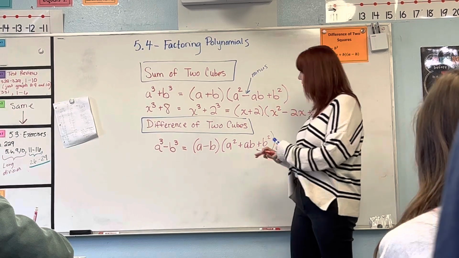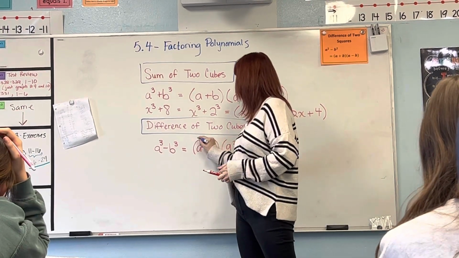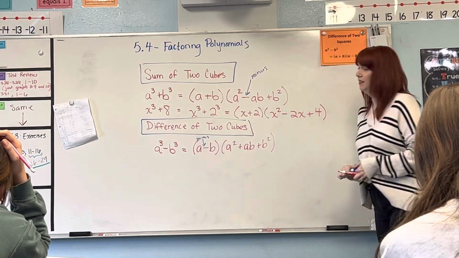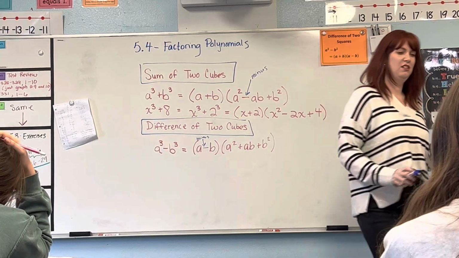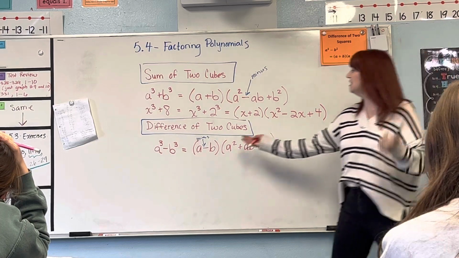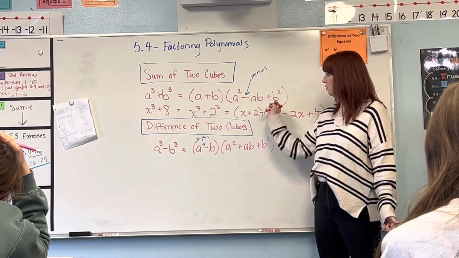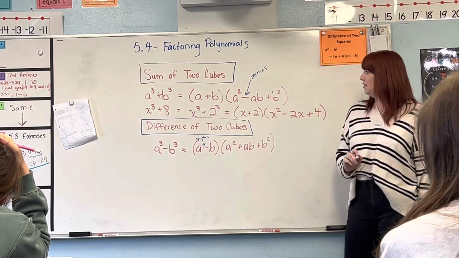So in the difference of 2 cubes, why are most of them addition? Because this is the difference, that's where that starts, but then everything else is plus. So it's the exact same thing, except here the minus sign is here, everything else is plus. In this one, the minus sign is here, everything else is plus.